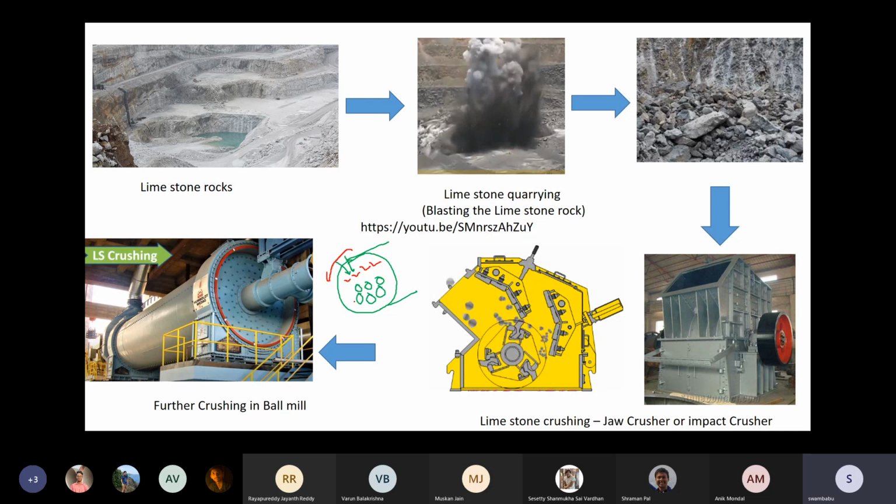These balls also rotate, and the balls tend to move up and fall down. The balls will move along with the ball mill and tend to fall down. When a ball falls over another ball, impact or attrition between two balls takes place, and whatever material is between those two balls will be converted into fine particles.